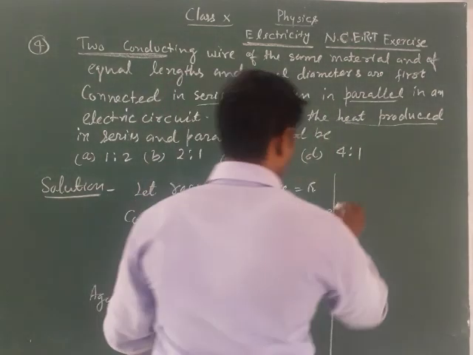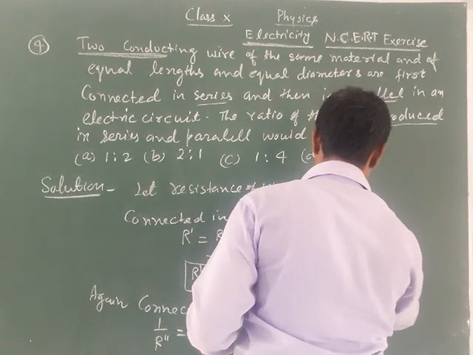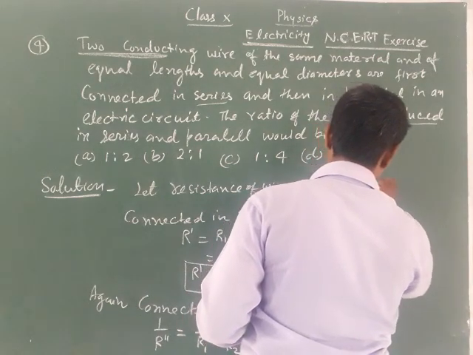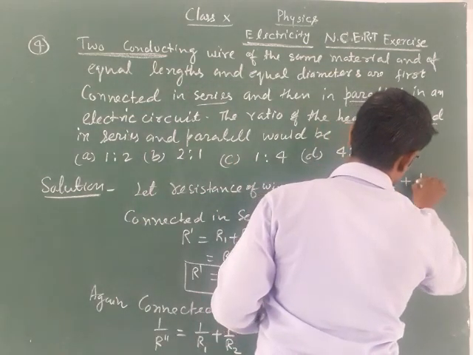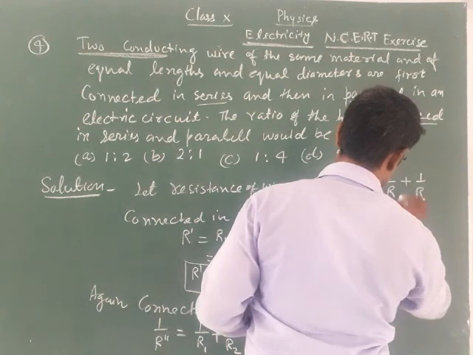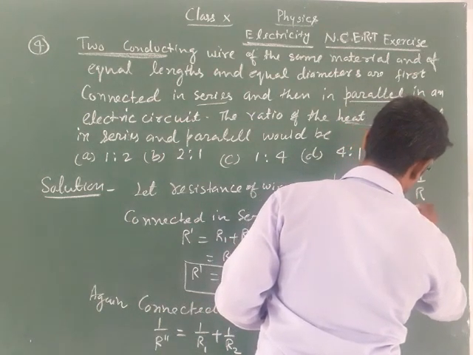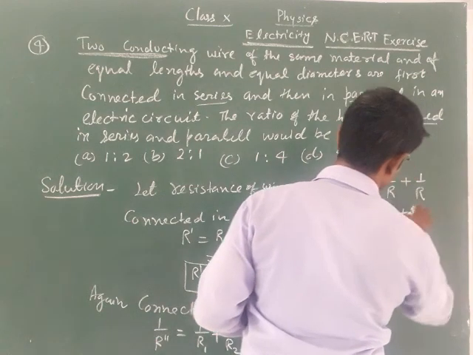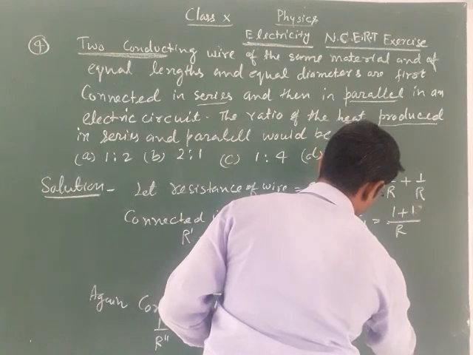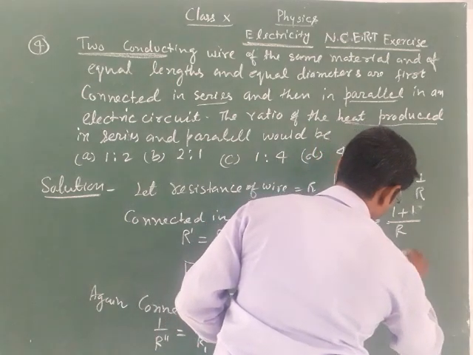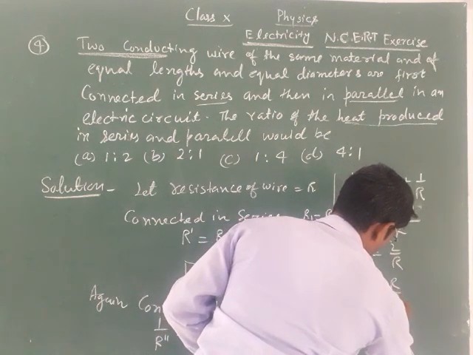So 1 upon R double dash is equal to 1 upon R plus 1 upon R, which is 2 upon R. So R double dash is equal to R upon 2.